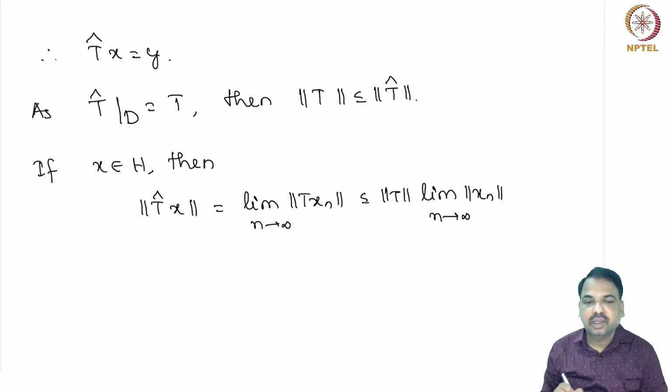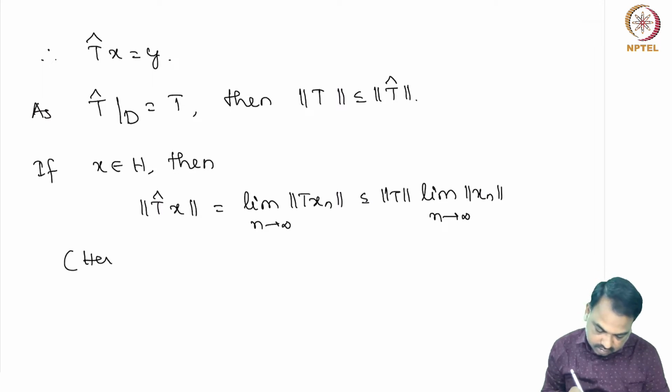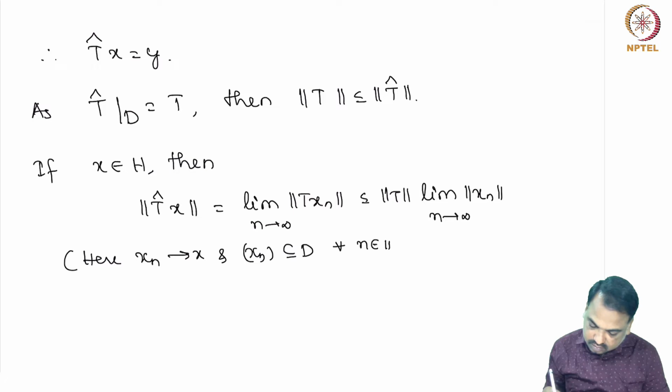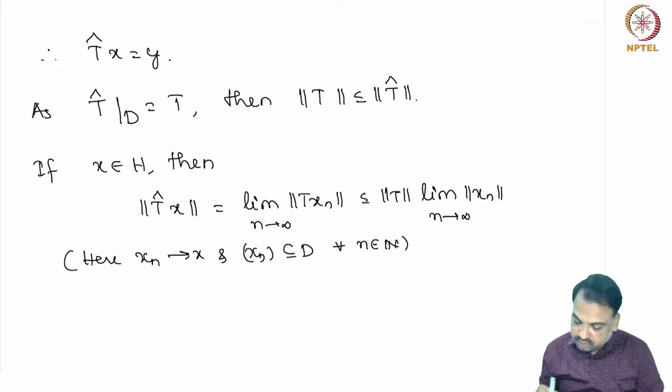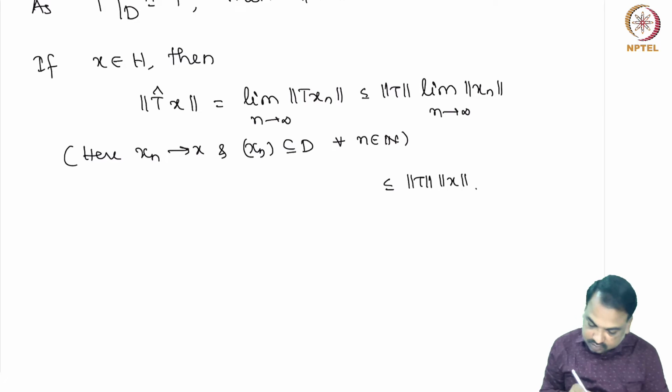When x is coming from D, then anyway this is true. When x is outside D, we can approximate it by a sequence xn. From this we know that the norm of xn converges to the norm of x, so we can say that this is less than or equal to the norm of T times the norm of x.